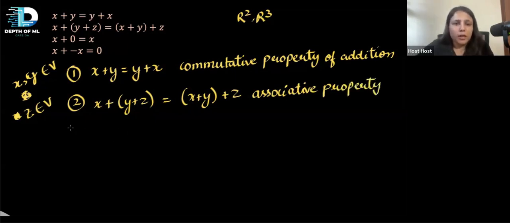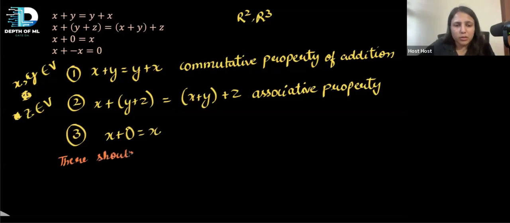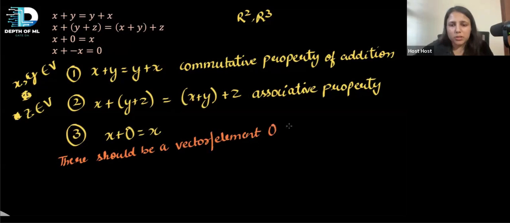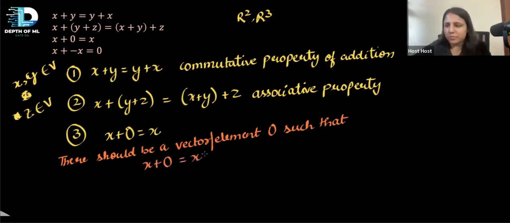Now the third property says that x plus 0 is equal to x. It also says that there should be a vector or element 0 such that when I do x plus 0, I should get back x.